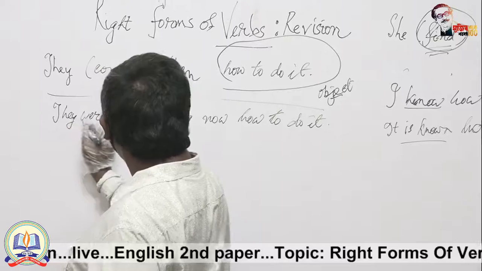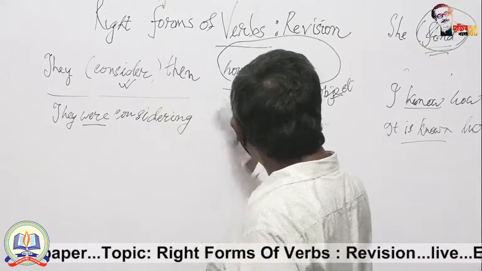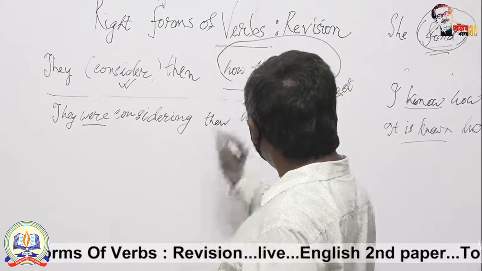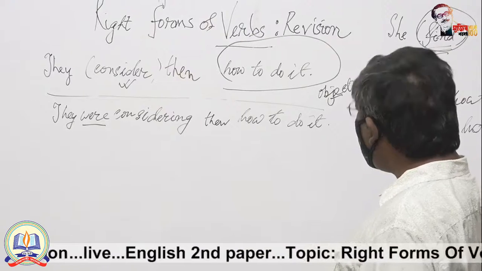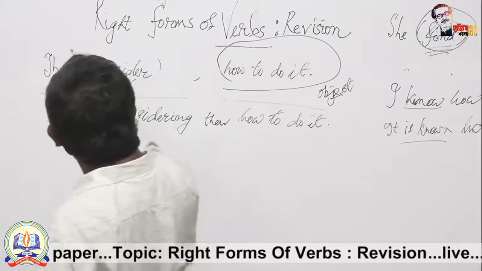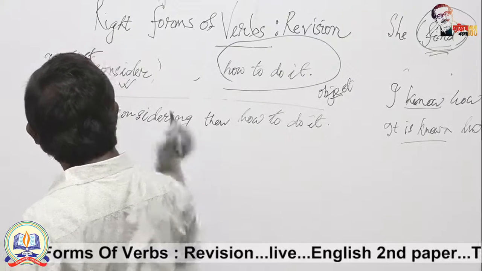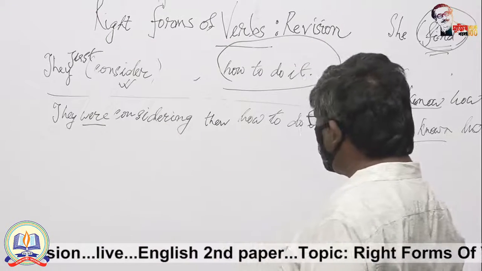They were considering then how to do it. And if there was just in the sentence, They just consider how to do it.